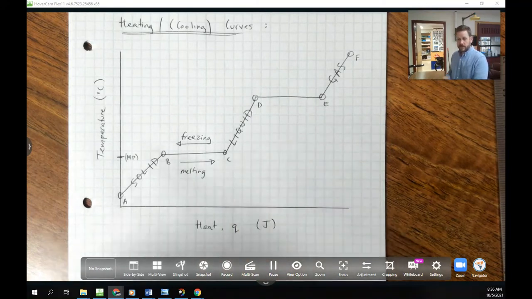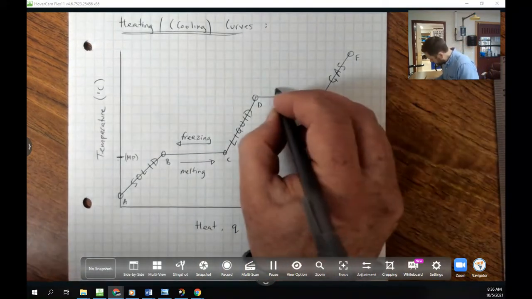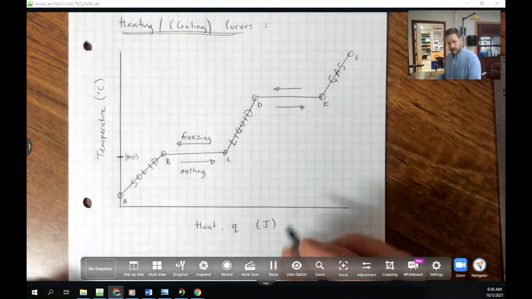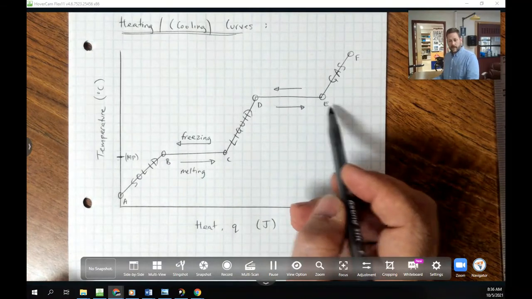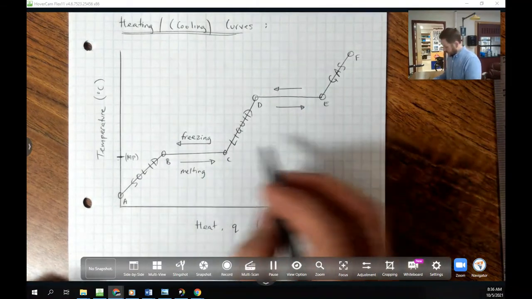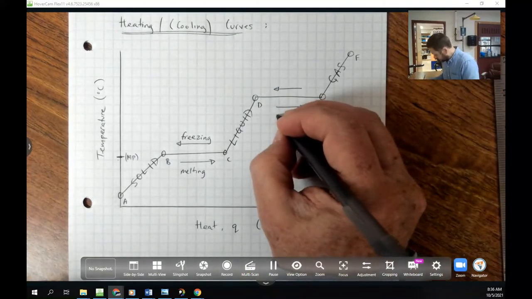Now I'm going to continue that reasoning and go up here and draw two lines. If I'm on the journey between point D and point E, then I'm going from a liquid to a gas. As I add heat energy, that is called vaporization.